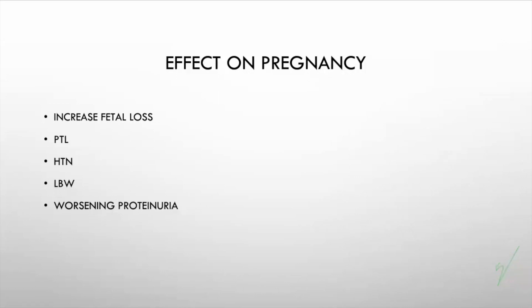Okay, the next question. What are the criteria for considering pregnancy in a renal transplant patient? Criteria: I will check that there is no rejection within the last 6 months.